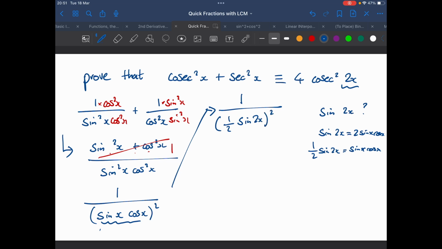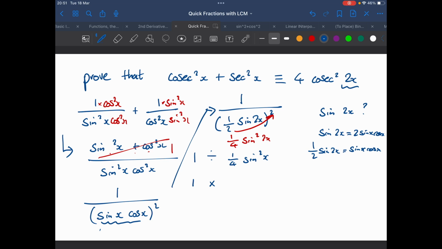When lots of fractions being stacked on top of one another gets confusing, something you can do is think about writing it out. That's going to be a quarter, isn't it? And that's going to be a sine squared 2x. So if I wrote it out, 1 over (a quarter sine squared 2x), I might want to multiply by the reciprocal instead, which would be 1 multiplied by 4.